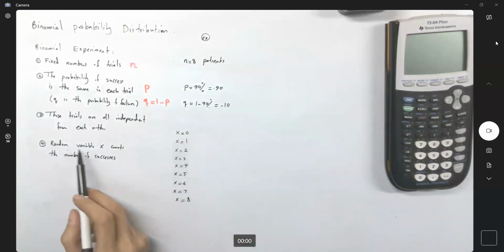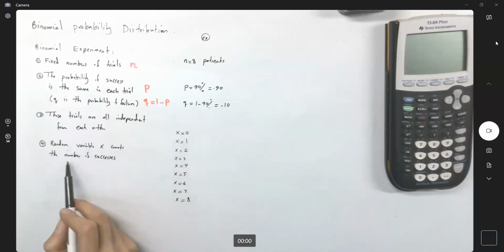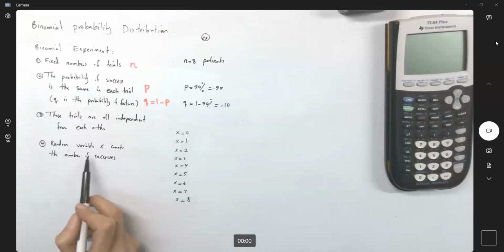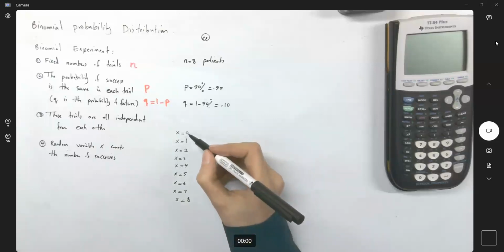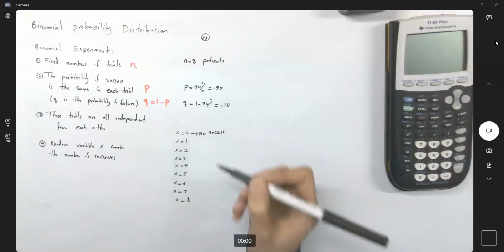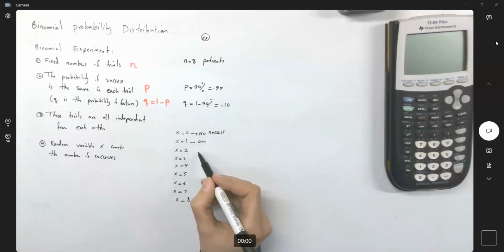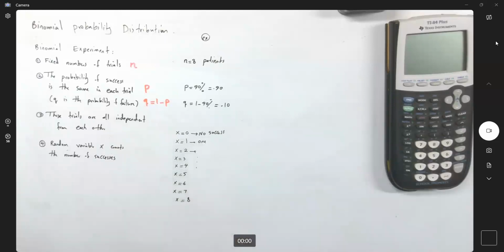So random variable X, which is a discrete random variable, counts the number of successes. 0 means no success at all, one successful surgery, 2 successful surgeries, and so on.